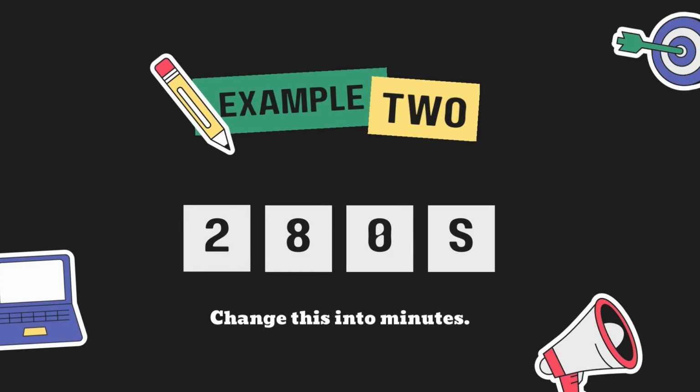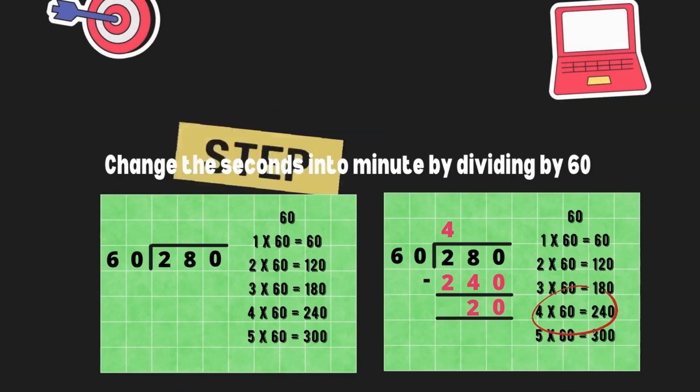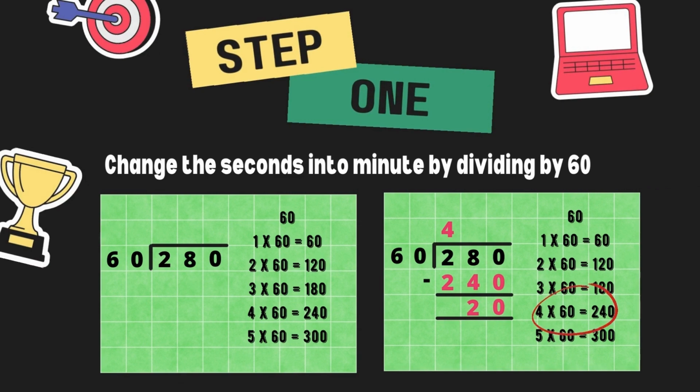280 seconds. So we're going to convert this into minutes and seconds. Now, step number 1, again, we divide it by 60 in order to find how many minutes are there in 280 seconds. Again, using your 60 times table, we want to find 280.